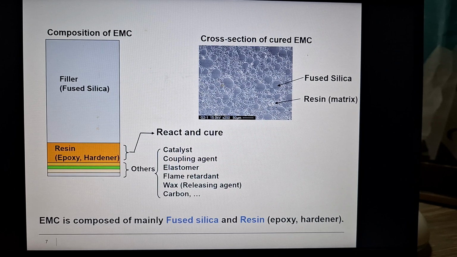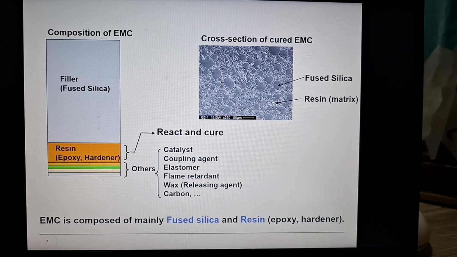Elastomer means elastic, some kind of polymer used to make the EMC look elastic. It is a component to help the EMC not be too sturdy, not too rigid. It somehow helps to loosen the material a bit when the material is exposed to certain stresses, right? And then flame retardant is a component that helps to retard, to stop the flame, when the plastic is being burned.